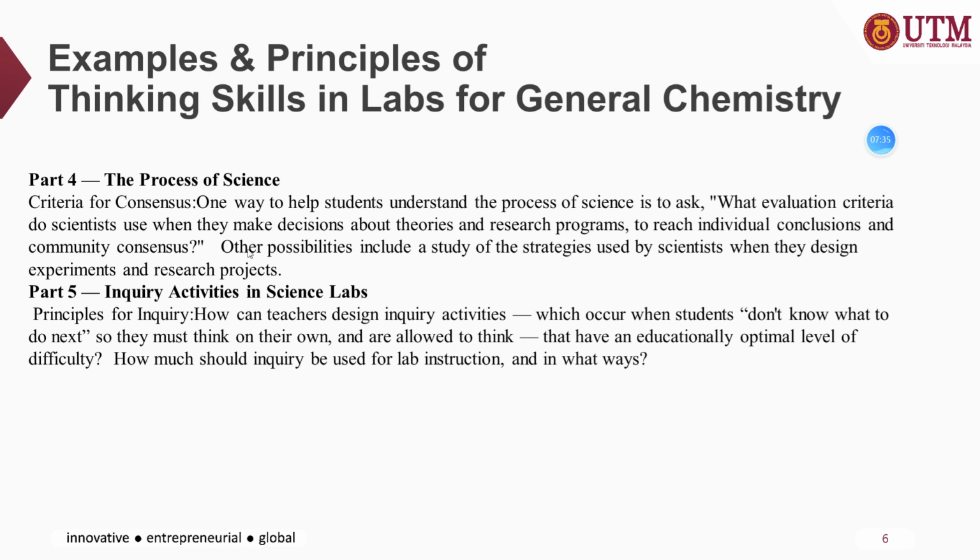Part 4 about the process of science. Criteria for consensus. One way to help students understand the process of science is to ask what evaluation criteria scientists use when they make decisions about theories and research programs to reach individual conclusions and community consensus.